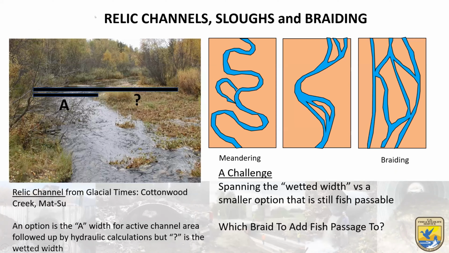Moving on to relic channels and sloughs, these get complicated because sometimes it's worth a discussion. There are no straight answers. If we look at the left first, the relic channel. So Cottonwood Creek in the Mat-Su used to be a large river in glacial times.